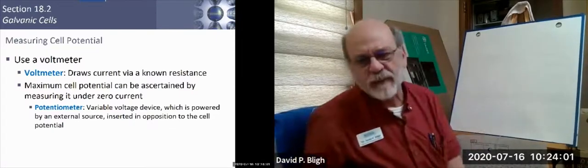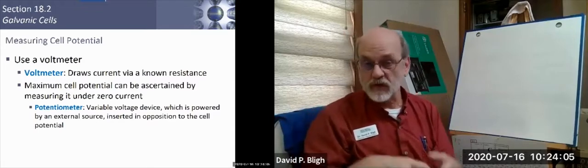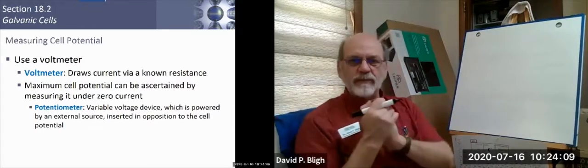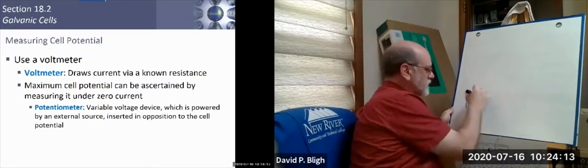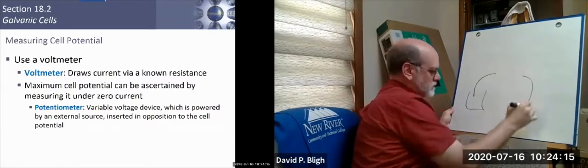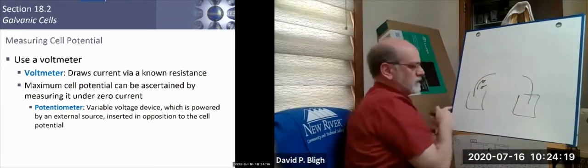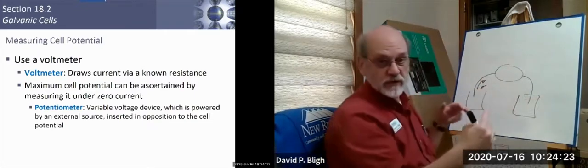A potentiometer produces the same results. It gives you a voltage, but it does it differently. So a potentiometer has to be in the circuit, right? So you have your electrodes here, here, and your electrons are moving this way. And your potentiometer then is in here, between the two.